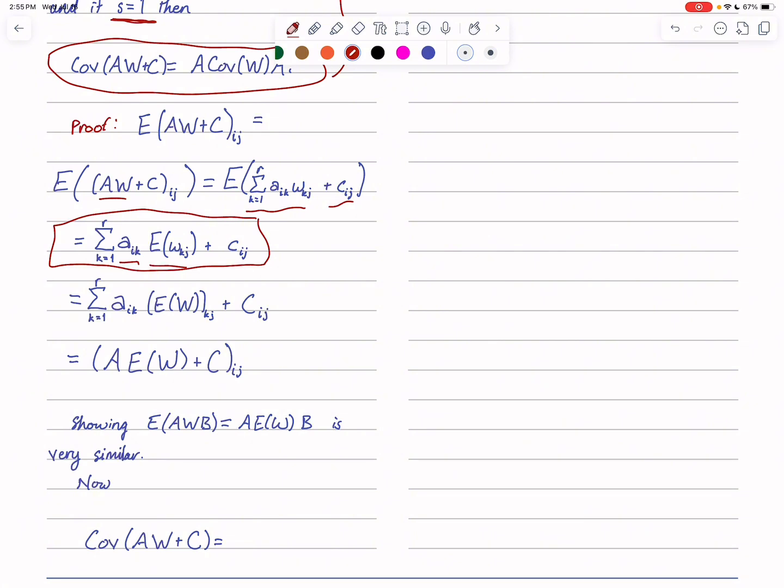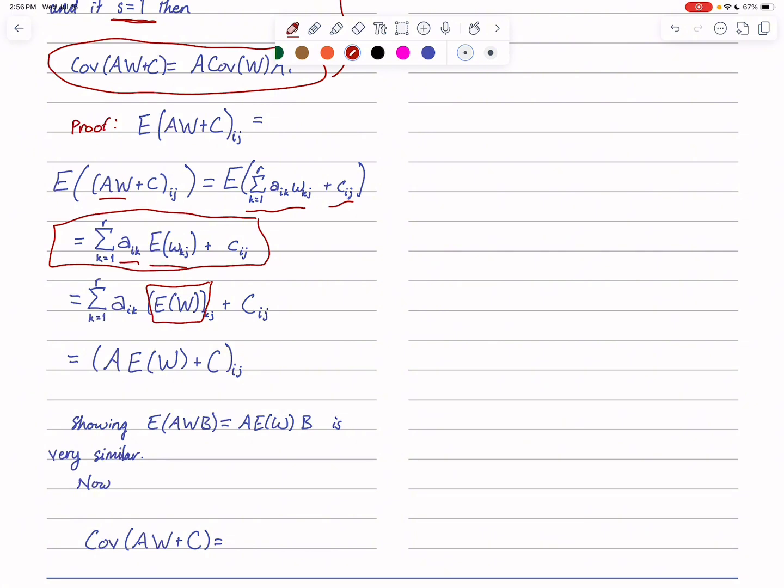So what I'm saying is that if this is the expected value of the random variable W sub kj, then that is the same thing as the coordinate kj in the matrix of the expected value of W, right?